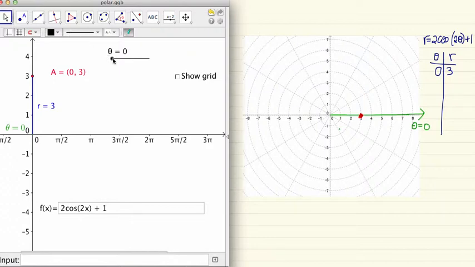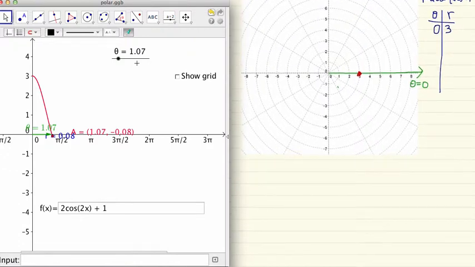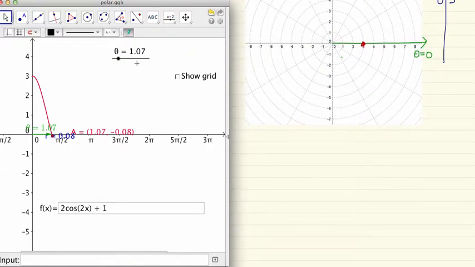And then I look at the curve y equals 2 cosine 2x plus 1 in the first quadrant, and I see it's going to cross the x-axis. So let's just graph it up to the point where r is 0. So I'm going to need to know where that is. So let me go down here and figure that out. So if I set 2 cosine of 2 theta plus 1 equal to 0, that means cosine of 2 theta would have to equal minus a half.